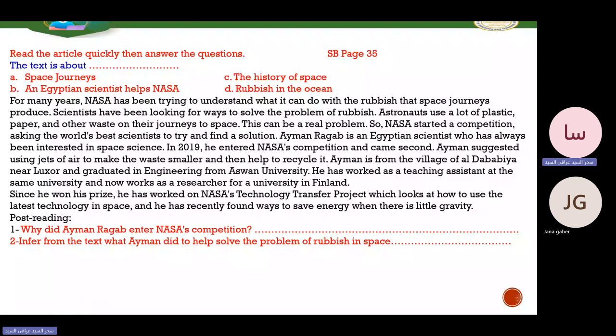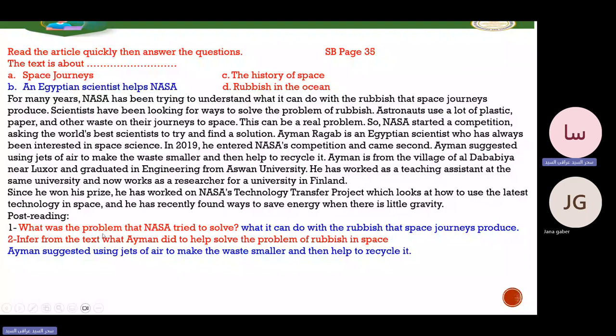Okay, let's check our answers. Of course, the passage is mainly about an Egyptian scientist who helps NASA. Okay, what was the problem that NASA tried to solve? The problem was what it can do with the rubbish that the space journeys produce. The problem is the rubbish that the space journeys produce.